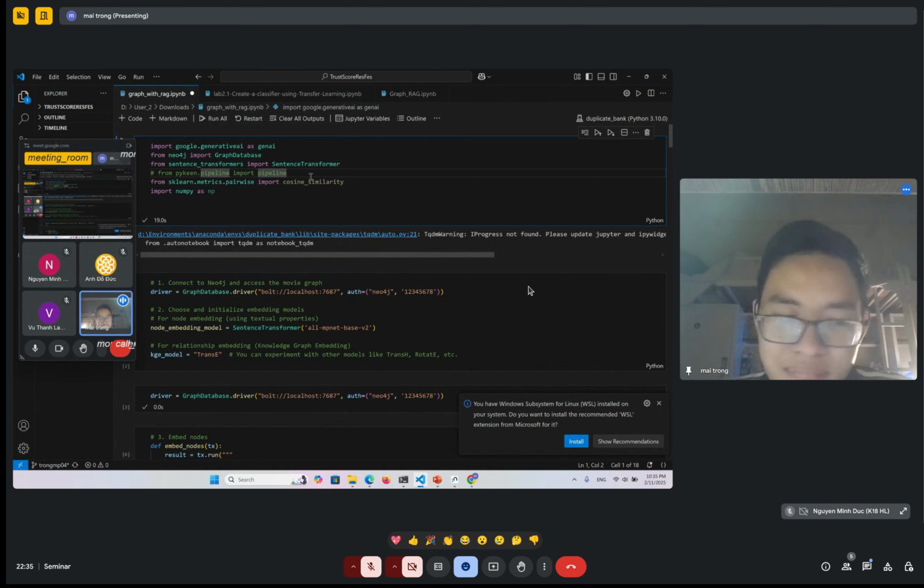So here is how I connect to my Neo4j, right? I connect to it, I embed the node information. But I see that in that case, I don't have to embed. It still works. It depends on your strategies.